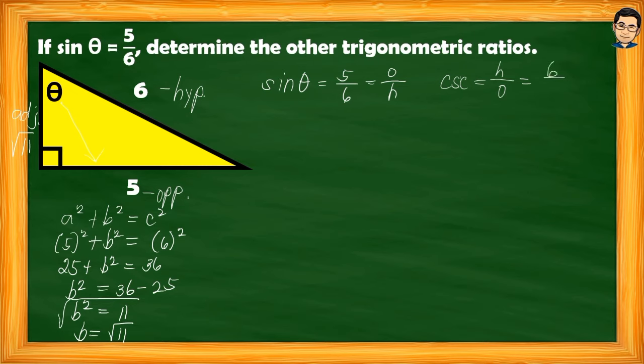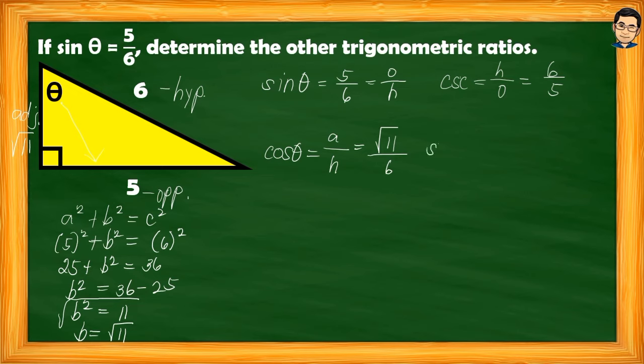And then, yung opposite natin is 5. So, ayan. 5 over 6, 6 over 5. Next, for cosine theta naman, that is adjacent over hypotenuse. So, adjacent is square root of 11. And then, over hypotenuse, which is 6.